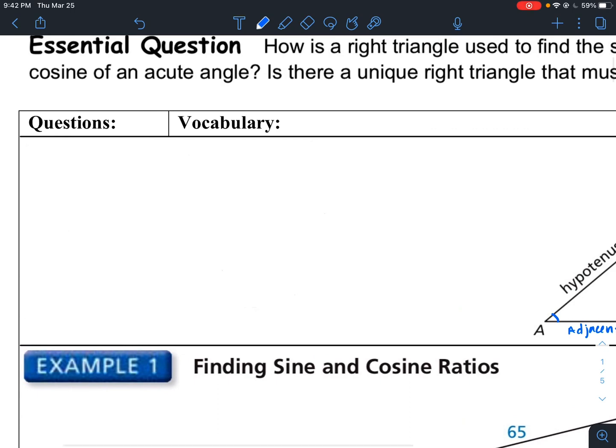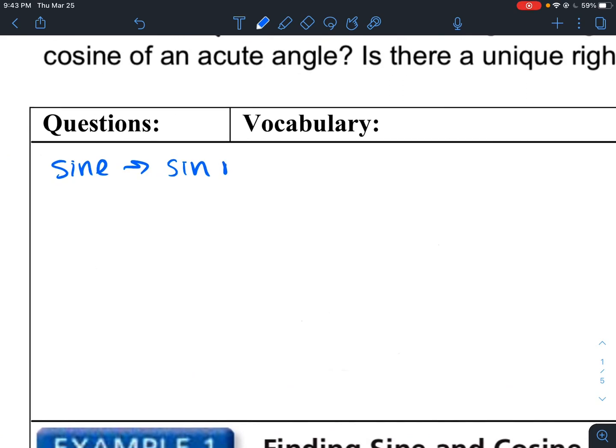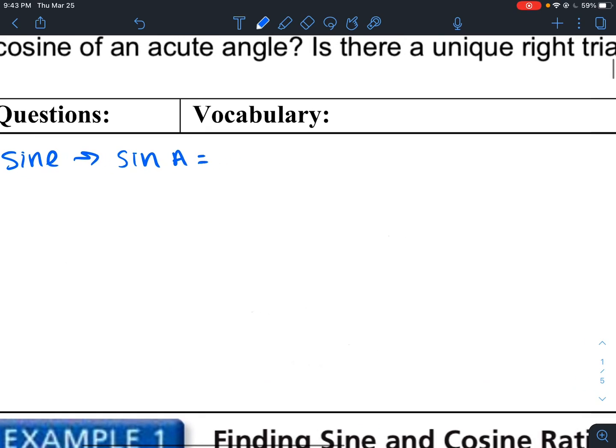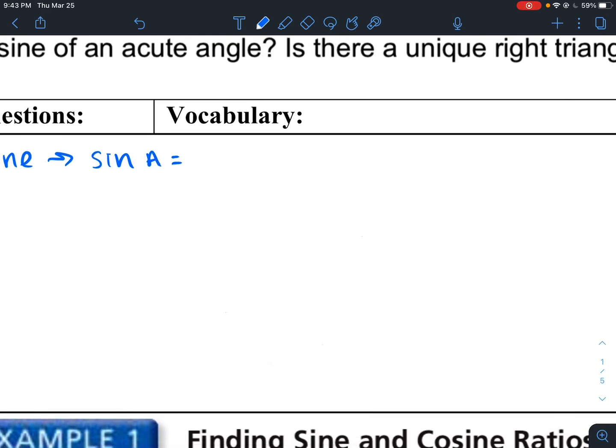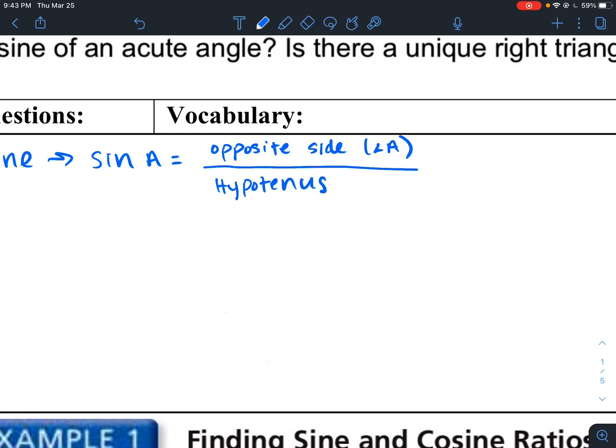The first one that we want to talk about is the sine function. That's S-I-N-E, and it's abbreviated with S-I-N. For sine of angle A, the ratio is the opposite side of angle A divided by the hypotenuse.